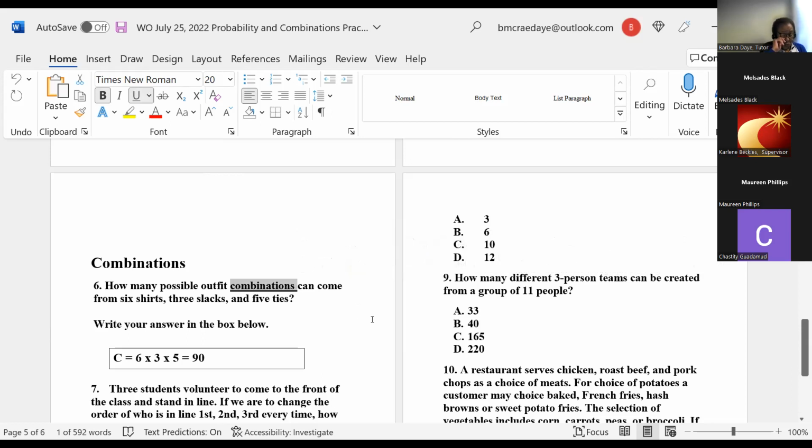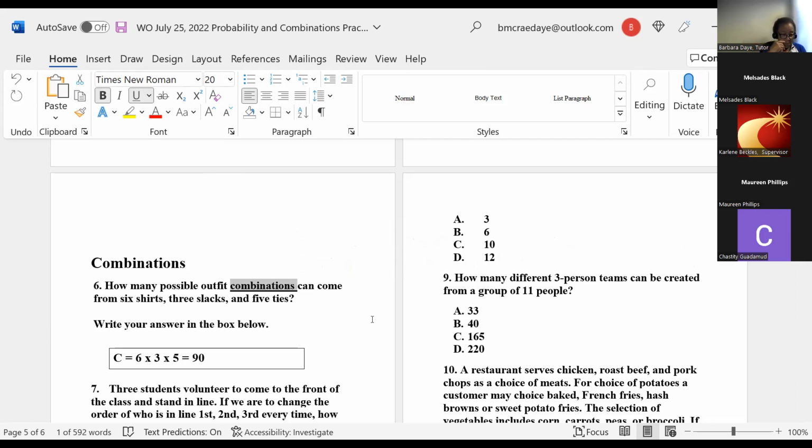Now, if you want to prove this, you could set up a table: shirts, slacks, ties. You could say shirt 1 with slack 1, tie 1, and if you do that all the way through, you're going to have 90 combinations.